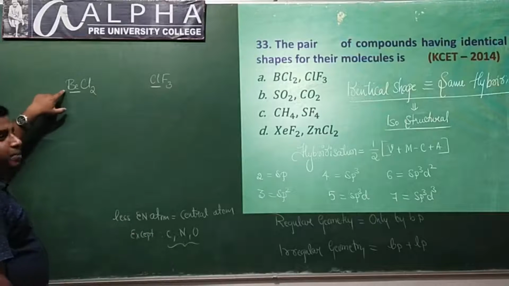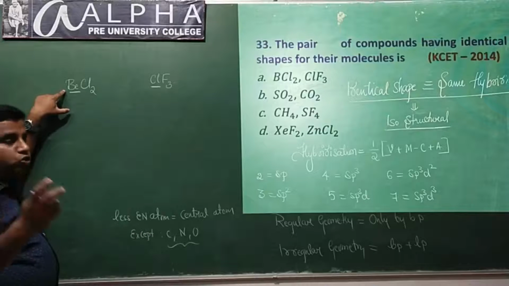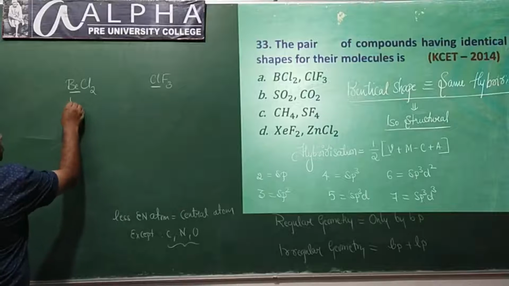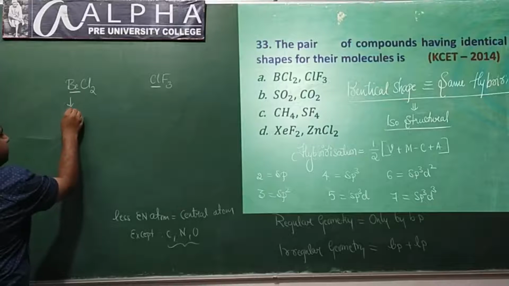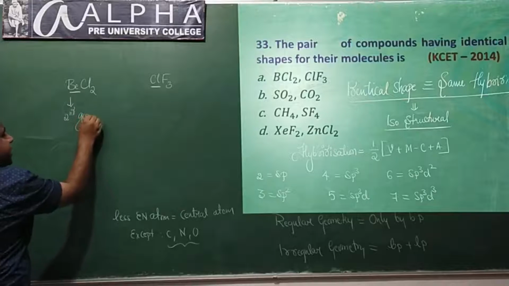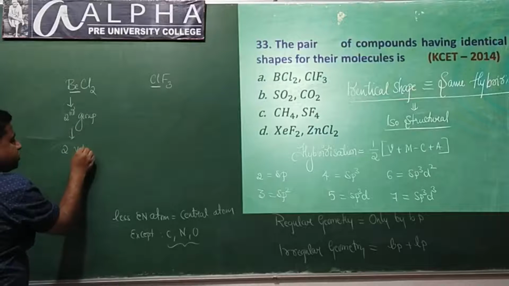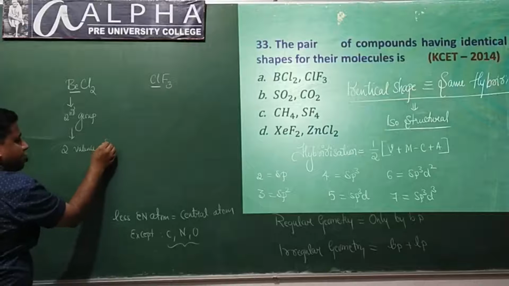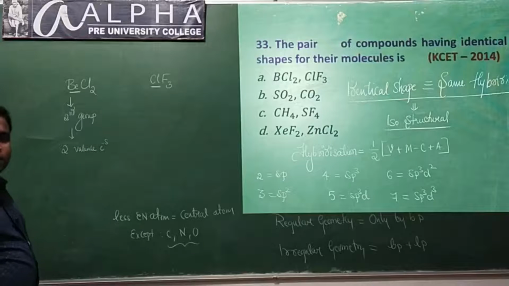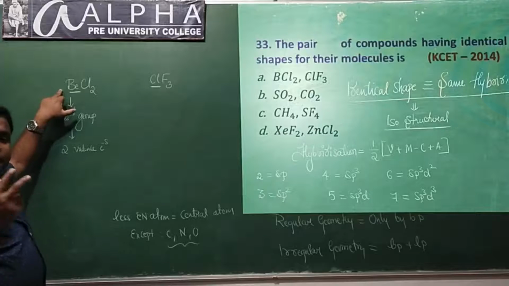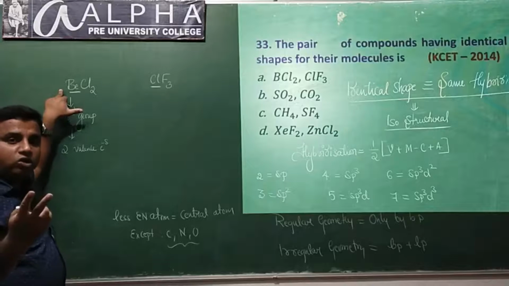Well, students, beryllium belongs to the second group. Second group elements have 2 valence electrons, no doubt in it. That means beryllium has 2 valence electrons.